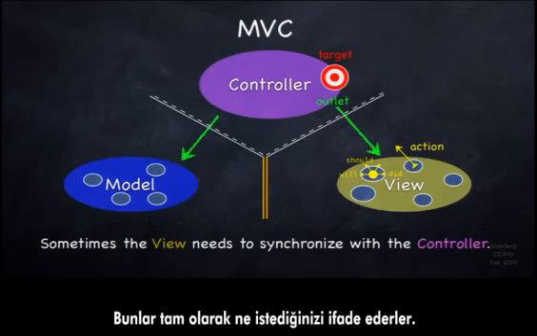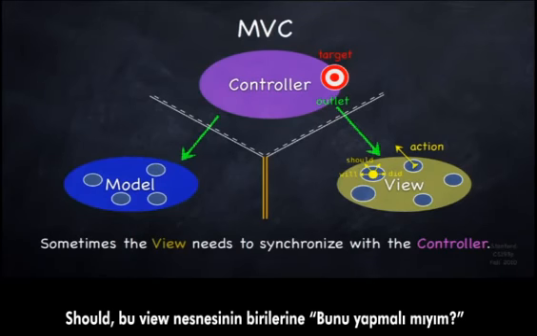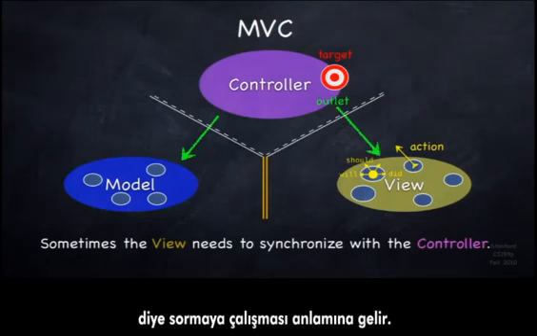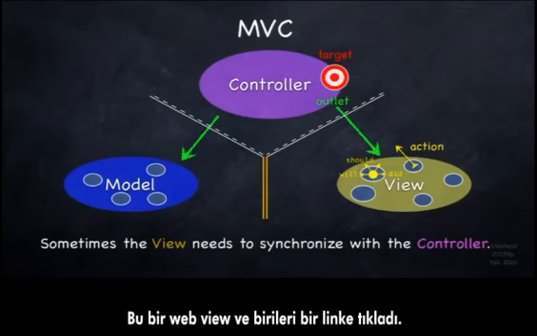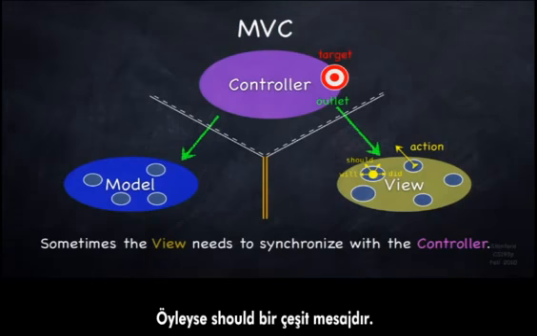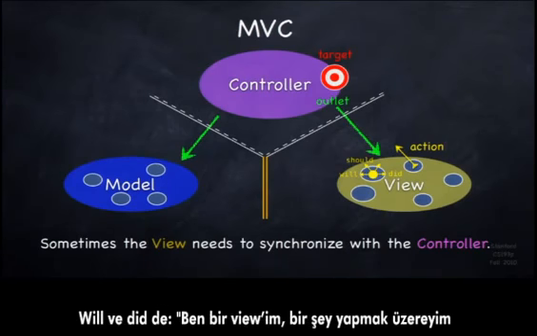And they're kind of exactly what you would expect. Should means that this view object is trying to ask somebody, should I do this? So it's a web view and someone clicked on a link. Well, the web view needs to ask somebody, should I open this link? Is that okay? So that's a should kind of message.